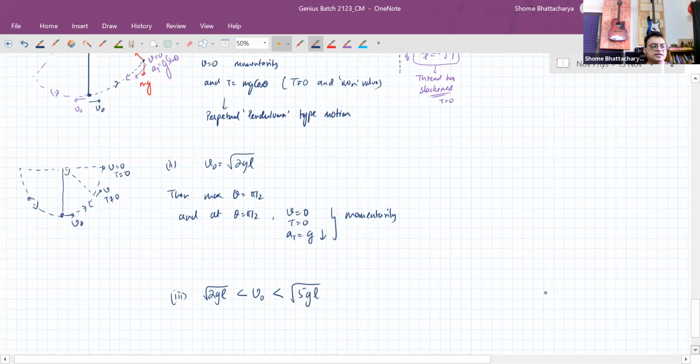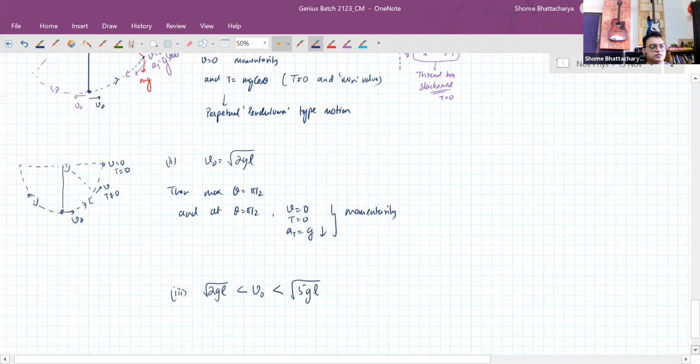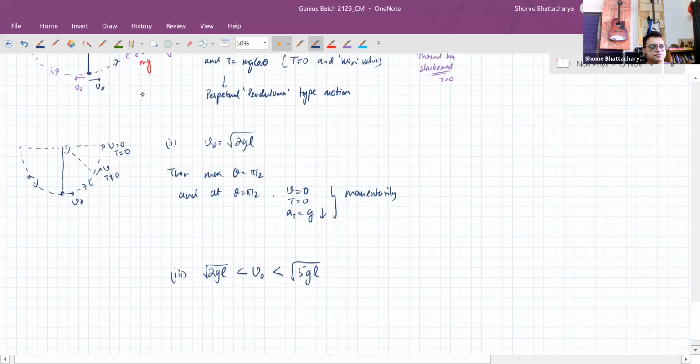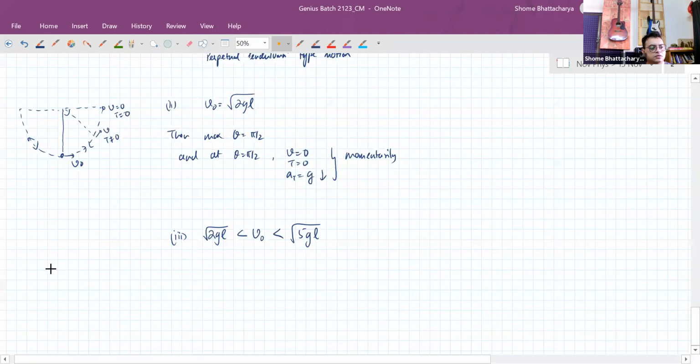The string will slacken at some point before that. So if we give such a V naught at the lowest position, then it crosses the 90-degree position, but never makes it in circular motion to the 180-degree position.